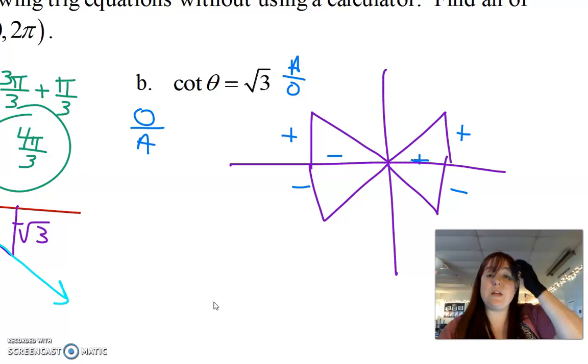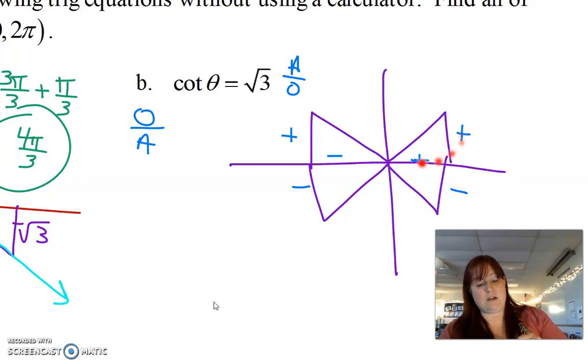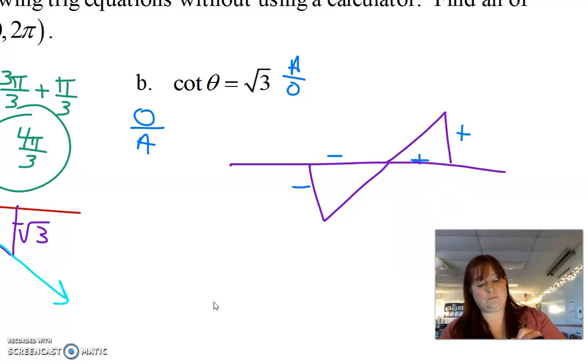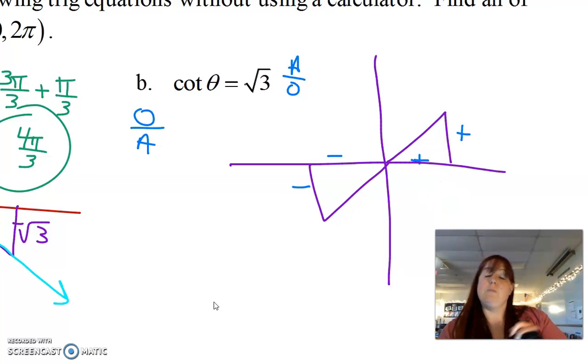Okay, so which places would we have, if we did adjacent over opposite, a positive value? Well, here we'd have positive over positive, here we'd have negative over negative. So either one of those. So our two reference triangles that we could possibly use are those two, because we would have a positive over positive, negative over negative.